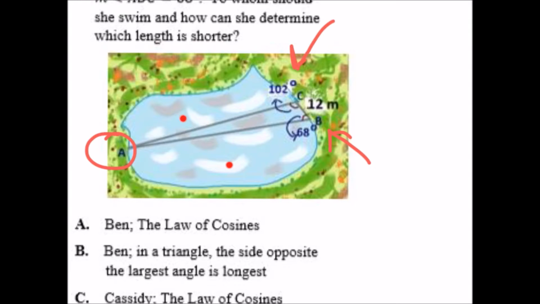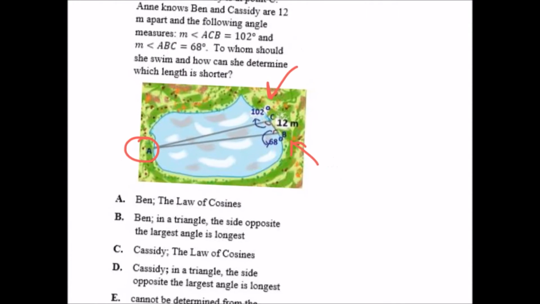So she should actually swim to Cassidy because Cassidy's side, the side right here, is opposite the smaller angle, the 68-degree angle. So the correct answer is Cassidy, D. In a triangle, the side opposite the largest angle is the longest, so the side opposite the smallest angle is the shortest.